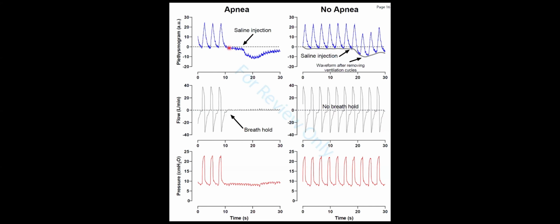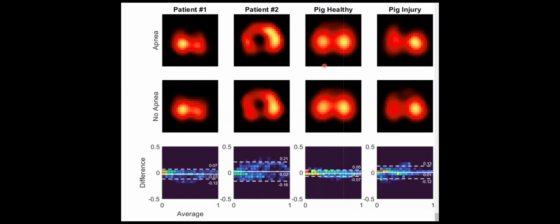We do an expiratory pause, we inject the saline, and we track the signal here for each pixel. But you can do some filtering of the ventilation signal, and without interrupting ventilation, you can also construct this gray curve, and similarly, you can have an image of pulmonary perfusion as shown in this picture.